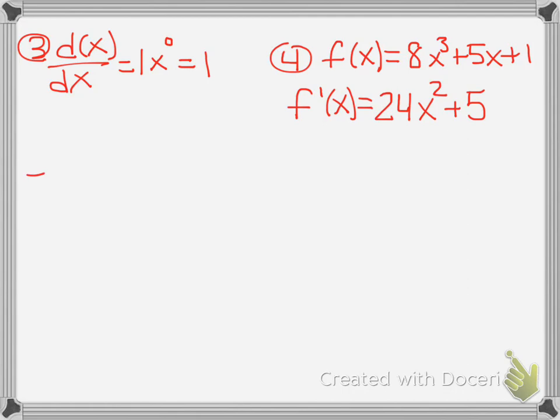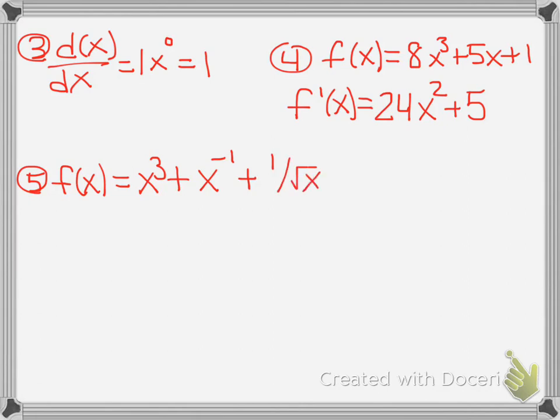All right, number 5. f of x equals x cubed plus x to the negative 1 plus 1 over root x. The 1 over root x is not written in exponent form, so perhaps we should rewrite it to make it a little bit easier.